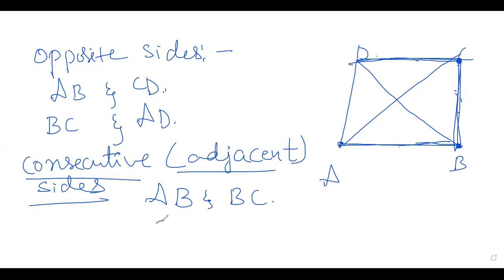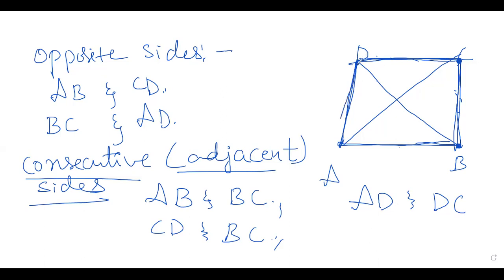So we can write CD and BC. It is one pair of adjacent sides. And take DC and AD. Here, which is the common vertex? D is common for both the sides. So these are called adjacent sides.